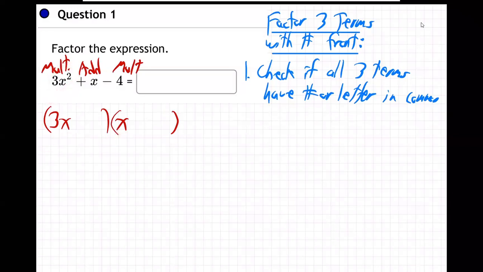Okay. Now, what's going to go in the back here? Well, we need 2 numbers that also multiply to be that 4. So what numbers is that? Well, there's a couple of options, isn't there? There's 2 times 2. Couldn't it be 1 times 4?